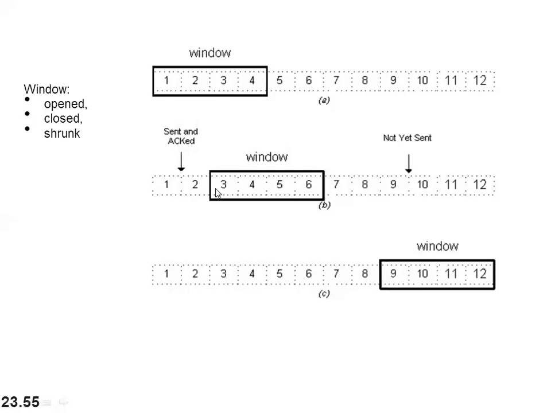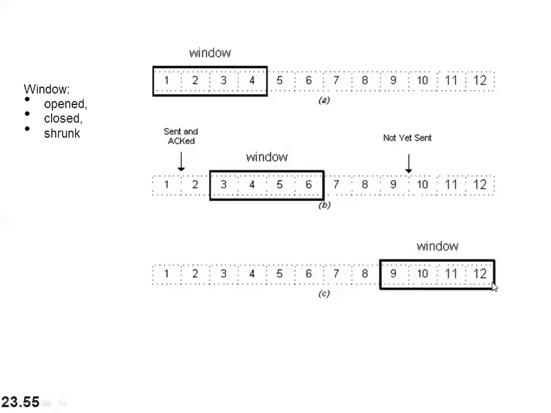So again byte number 3, 4, 5, 6, sender can transmit through the network towards the destination. Now when the sender receives the acknowledgement, again this window will be moved. So after some time, we can see here the location of window is somewhere here, which is covering byte 9, 10, 11, and 12.